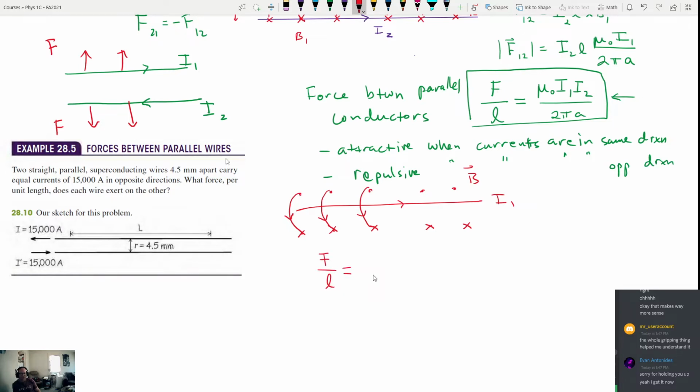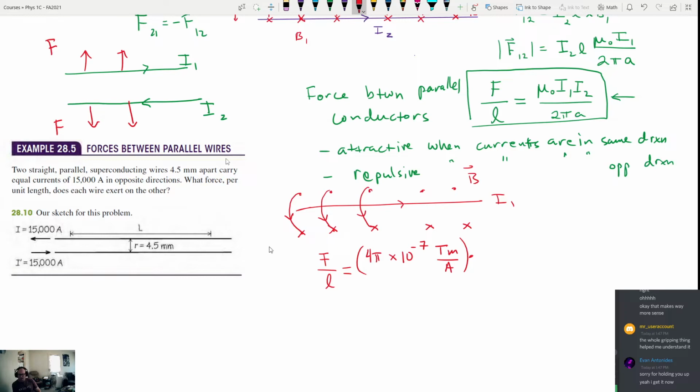Force per unit length is going to be equal to mu naught. If you don't remember, mu naught is a constant equal to 4 pi times 10 to the minus 7 Tesla meter per amp. If I'm wrong about that, then the units will not work out. We'll check the units in a second.